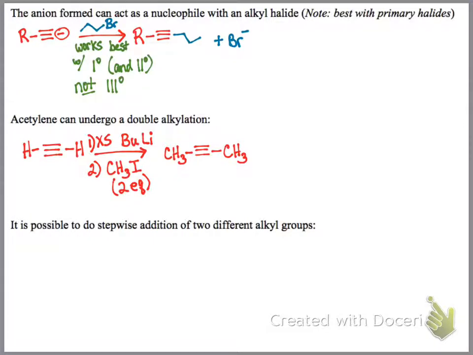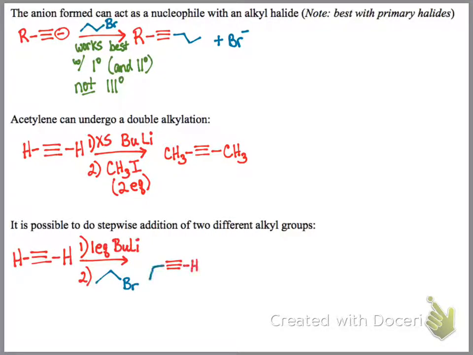It's also possible to do it stepwise, one step at a time, if we want to add different groups on either end. This is definitely more complicated, a little tougher to do in practice. But starting with acetylene, add specifically one equivalent of base and it will just deprotonate one side, and then one equivalent of, in this case, ethyl bromide.